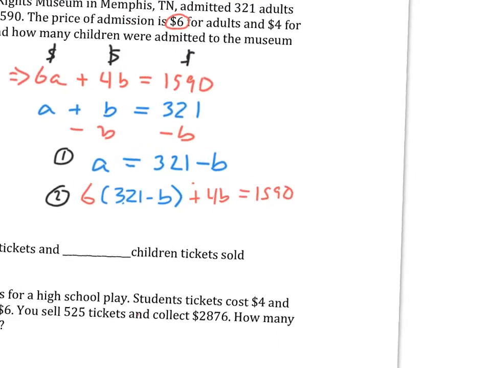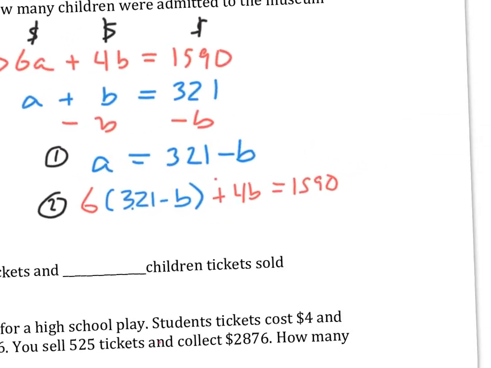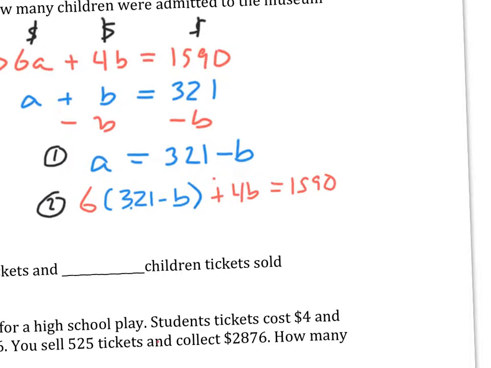I'm going to run out of space here, so I'll go on the side a little bit, but I distribute across the board there, 6 times that, 6 times the negative B. And we bring down the 4B. And bring down the 1590.